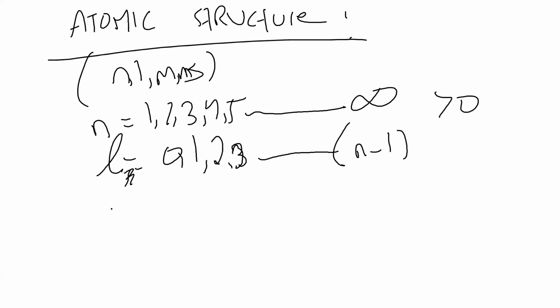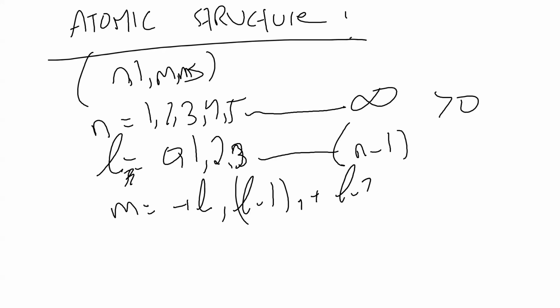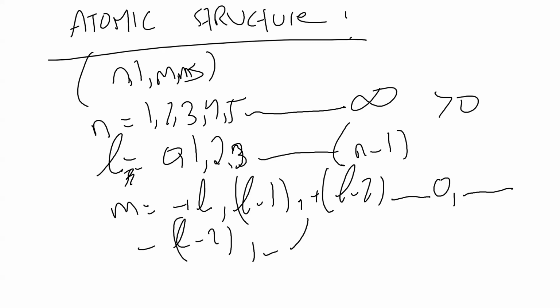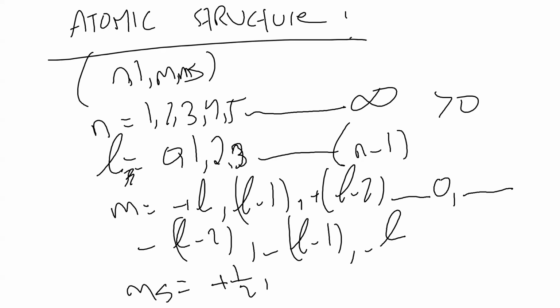The value of m equals plus l, l minus 1, plus l minus 2, going down to 0, then continuing minus l plus 2, minus l plus 1, minus l. And the ms value, which is the magnetic one, is either plus half or minus half. These four, memorize.